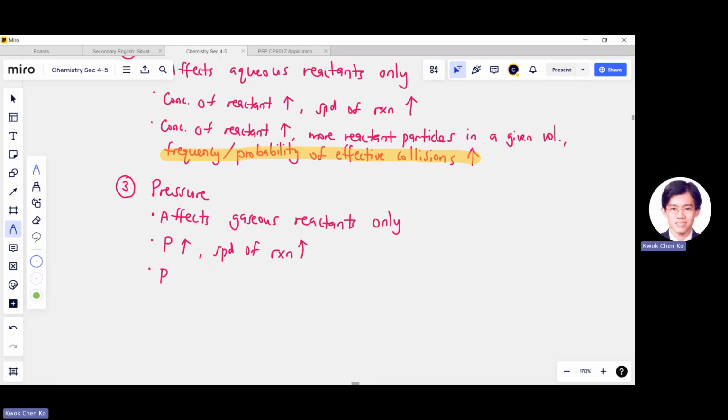Basically, as pressure increases, there are more gaseous reactant particles in a given volume. Right? They are all squeezed together. Since you study physics, you shouldn't have a problem understanding that. Or at least they're closer together.